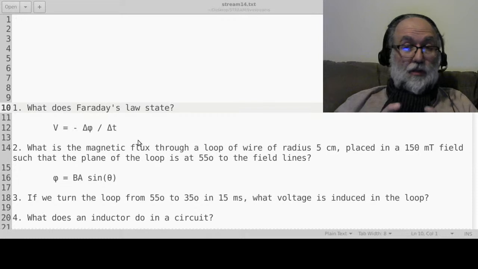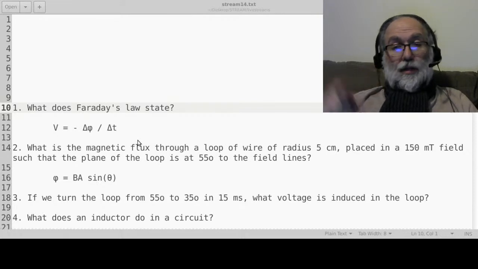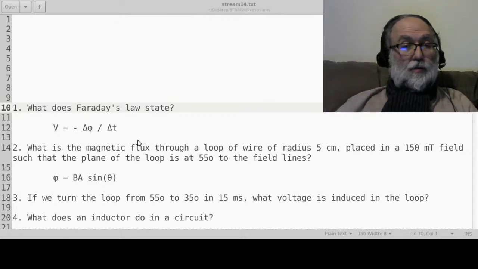If the amount of field lines trapped within the loop changes, the rate at which they change gives you a voltage. And of course, as soon as there's a voltage in a wire, there's going to be current through that wire. That's what this says. V is the voltage induced in the wire, and it equals the change in the flux divided by the change in time.